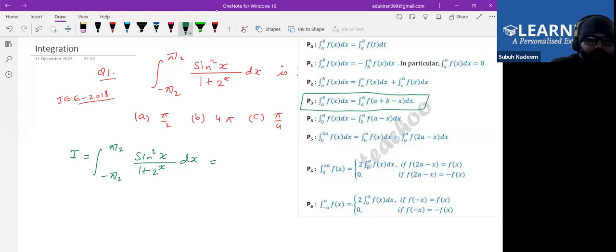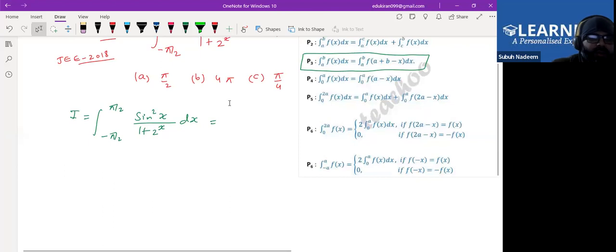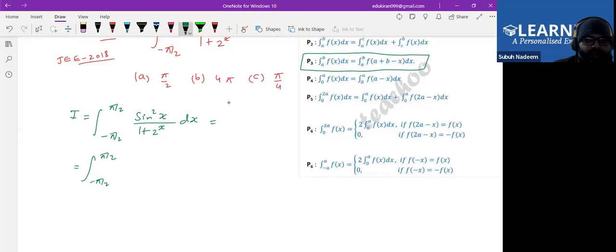If you apply property number 3, this will become integral from minus pi by 2 to pi by 2 of sine square of a plus b minus x, that is pi by 2 minus pi by 2 minus x, upon 1 plus 2 to the power pi by 2 minus pi by 2 minus x dx.